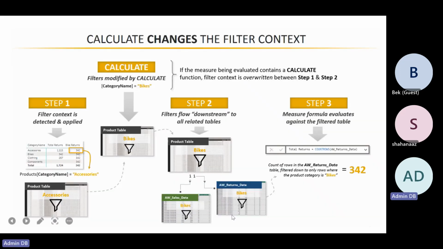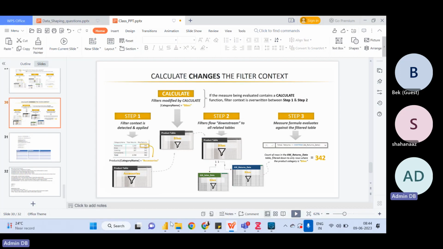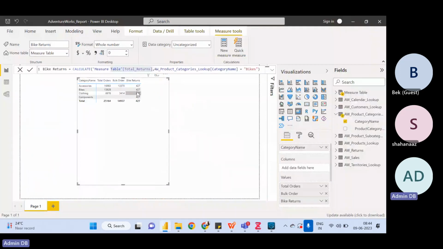So now the data is filtered for bikes and we want to calculate total returns. So it is the count of rows in the returns data table filtered down to only rows where product category is bikes, and that number of rows is 427, and that's why we are seeing 427 here.